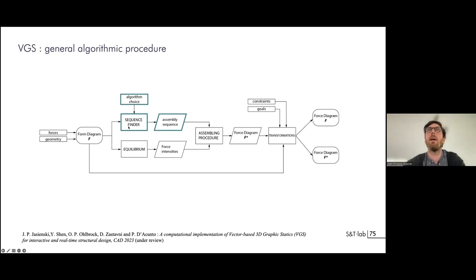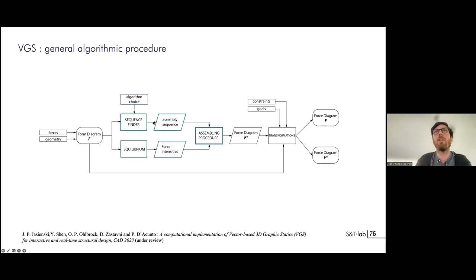This will planarize the topological graph and provide an assembly sequence. For that, you can choose among different algorithms that were developed, so there is a choice by the user. I will quickly present 3 of them today, even though in the beta version, there is only one that is integrated. But the idea is to be able to generate different kinds of force diagrams from that.